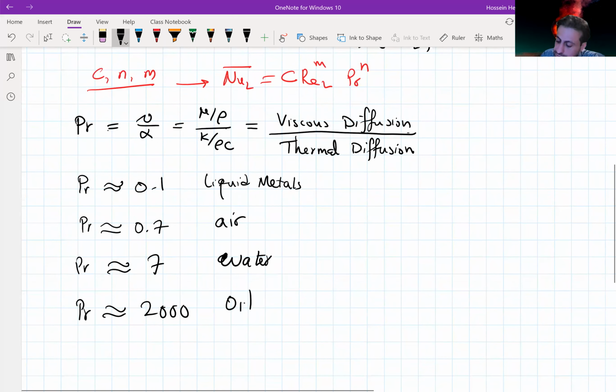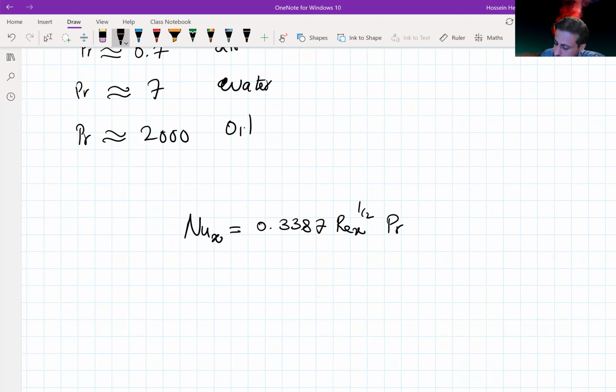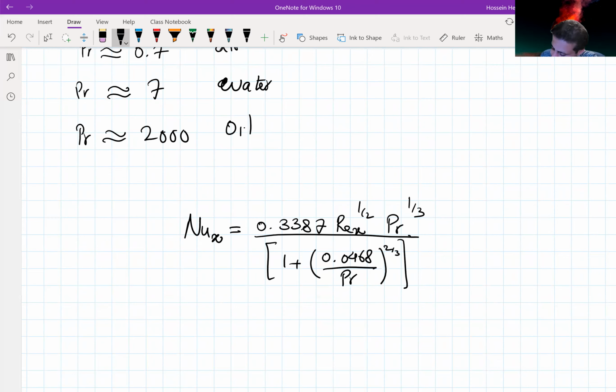Now, through these empirical correlations, fitting, dimensional analysis, and graphical techniques, we can find a Nusselt number that is valid for a wide range of Prandtl number, and that's going to be 0.3387 Reynolds number to the power of half, Prandtl number to the power of a third, divided by 1 plus 0.0468 divided by Prandtl number to the power of 2/3, with everything to the power of 1/4.